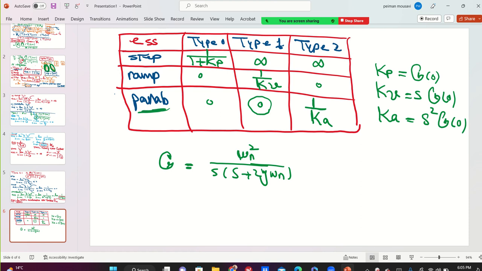If I apply parabolic to type 1, the steady state error goes to infinity. But if I apply ramp, it's going to be 1 over Kv. See what I'm saying? So this is type 1.